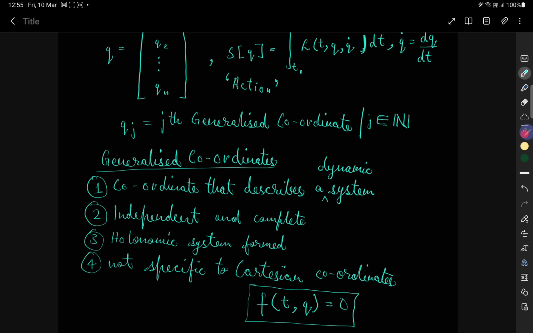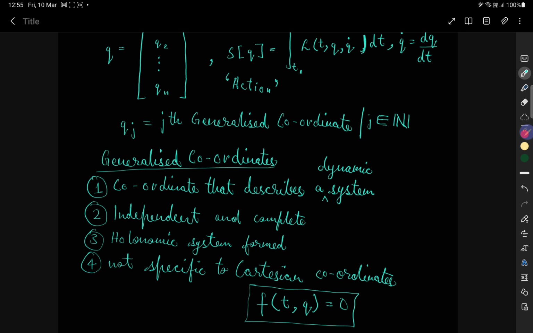One, very obviously, a coordinate that describes a dynamic system. Any dynamic system that you can define a coordinate for. All the coordinates you can possibly define for any dynamic system would be generalized coordinates. There are a few other rules as well. Now these sets of coordinates must be independent and must completely describe the system.